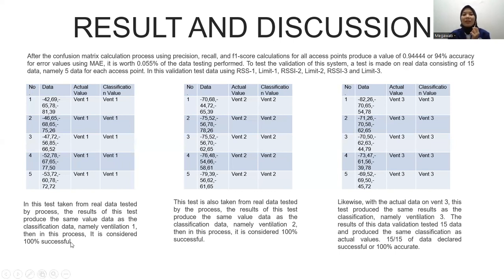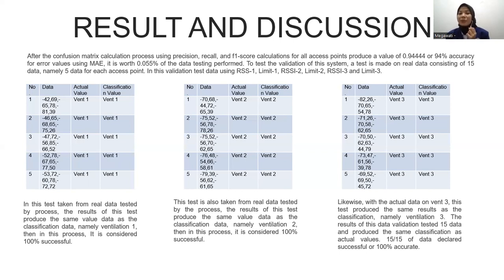The actual value is ventilation 1 and its classification value is ventilation 1. The result of the test produced the same value as the calculated classification, ventilation 1, with 100% success.